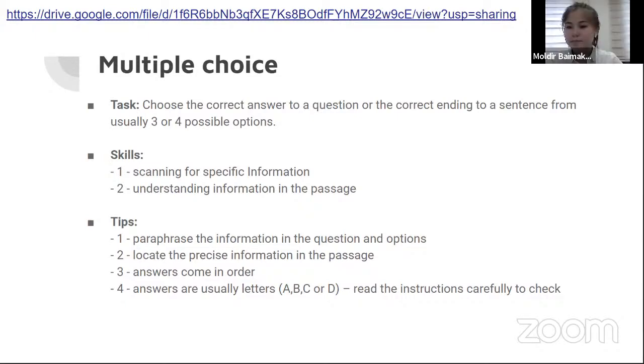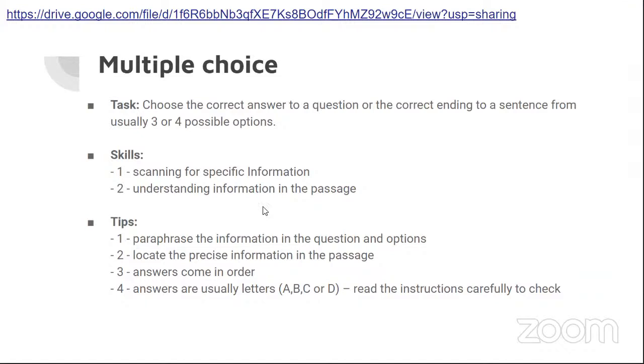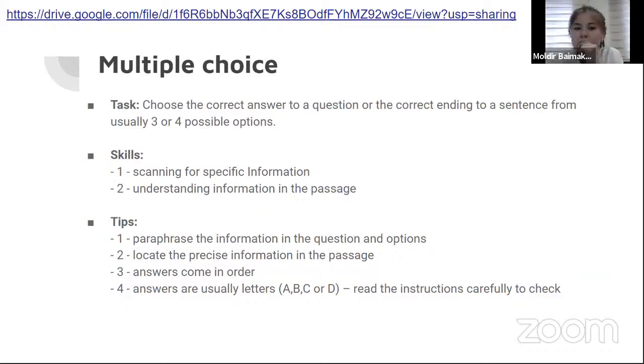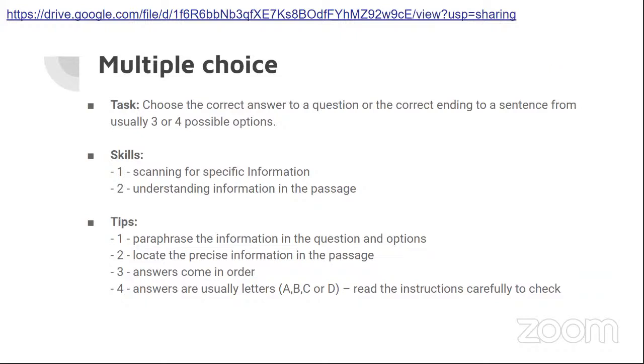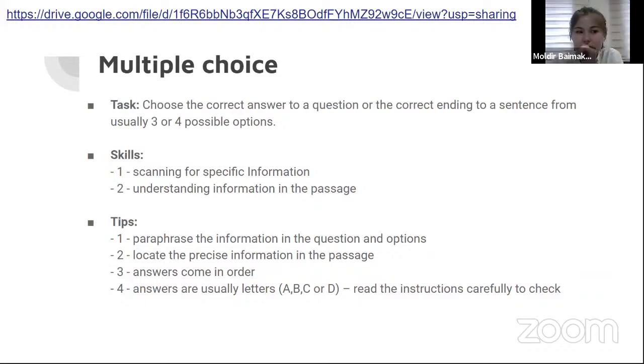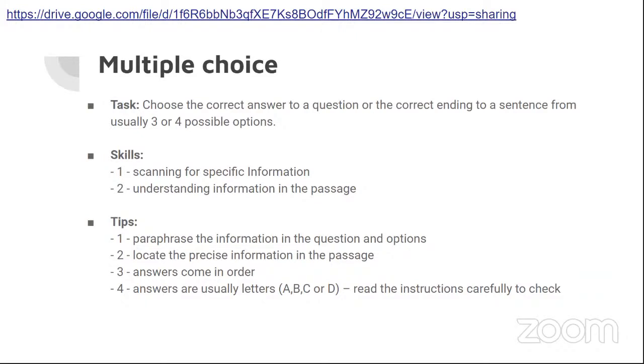My second question is: if a question is too simple and I really know the answer for sure, but I don't want to search for it in the passage because I'm sure about this one, is it okay or not?